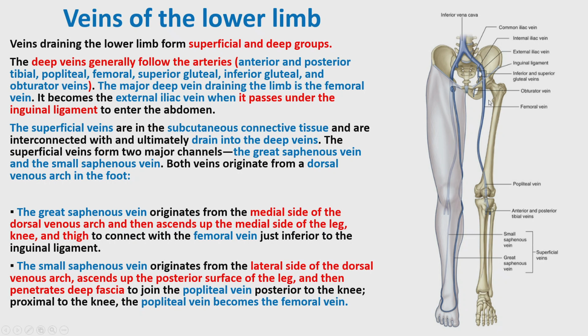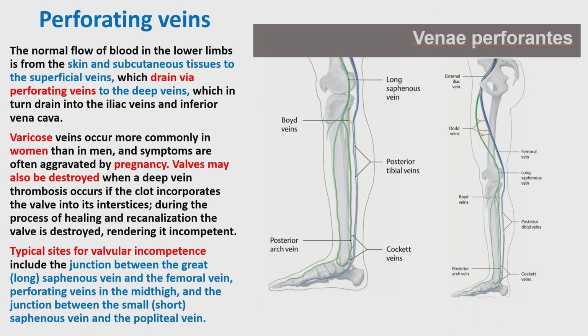This is a general view of the venous system of the lower limb, and I mentioned the perforating veins, or venae perforantes, which interconnect the superficial veins with the deep veins.